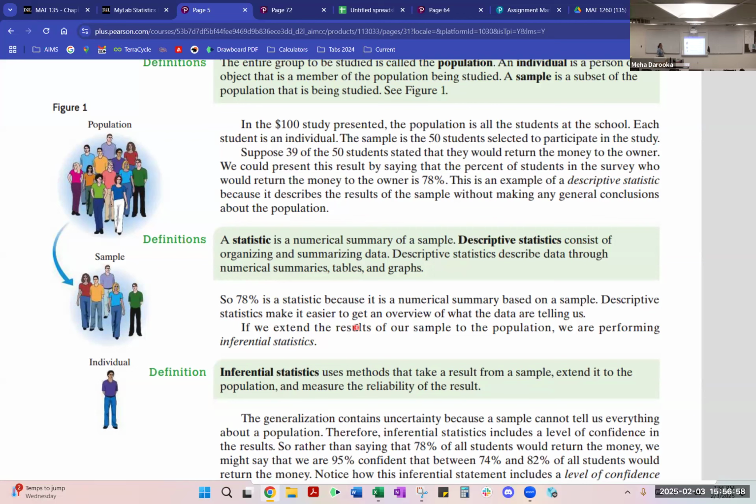The only reason I would also say descriptive is because we used a table. Very good. Yeah, so you could honestly make the argument that we did use the table. However, for that specific question, we're taking the result we did get from the sample using descriptive statistics, right? And we're applying it to the population. So in that specific instance of the question, it would be because we're taking the results from the sample and applying it to the population. So of course, you can see that's what happens in inferential statistics.